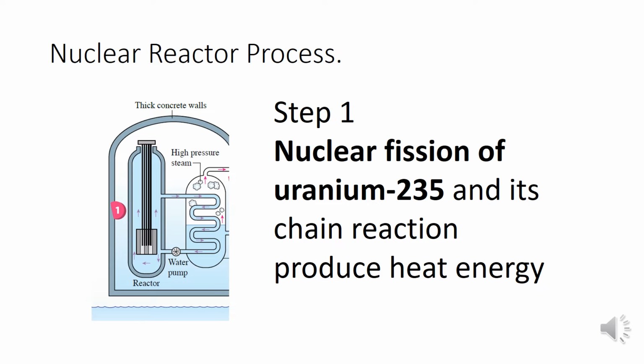We call this the heart of the nuclear reactor, because in this picture a nuclear fission of uranium-235 and its chain reaction produce heat energy. If you could recall from the previous lesson, nuclear fission will produce energy, and the energy is heat energy.